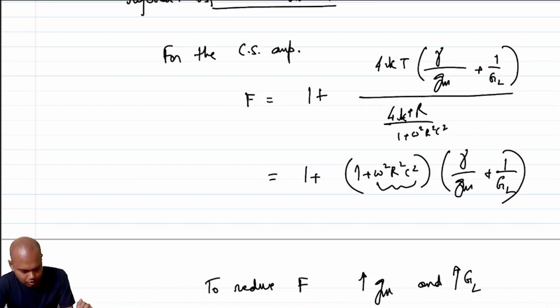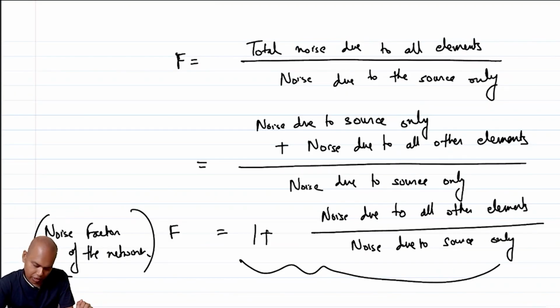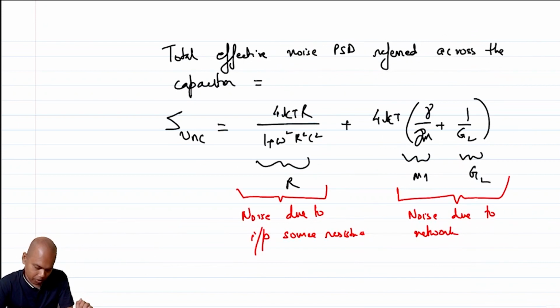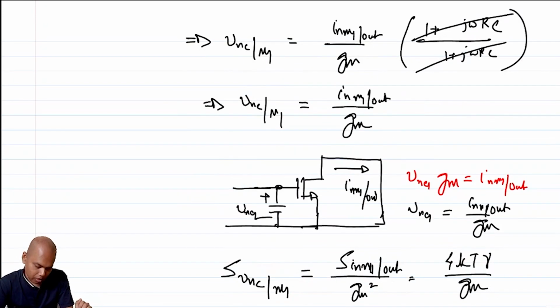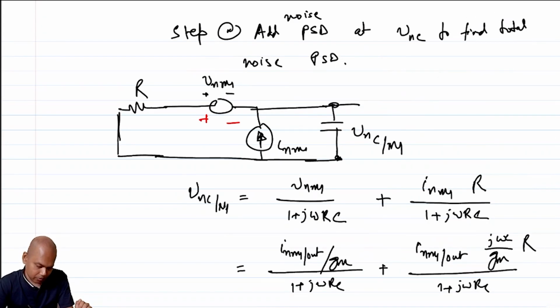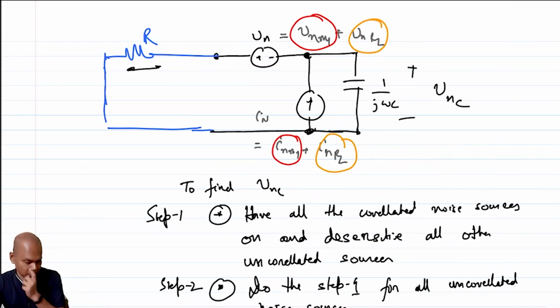Now the question that you might want to ask yourself, before I stop here, is: while doing all these calculations, I referred everything across the capacitor. Will that definition of signal to noise ratio or the noise factor change if I don't refer it to the capacitor but finally at the output? What do you think will happen?